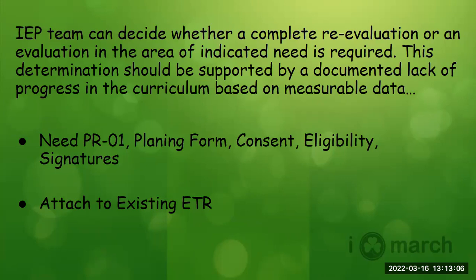We followed the correct process, and we've added an area of eligibility. And then obviously, if the team determines that services are warranted, then it's on the IEP team at that point to add a related service to the IEP. And you're going to do that through the simple amendment process.